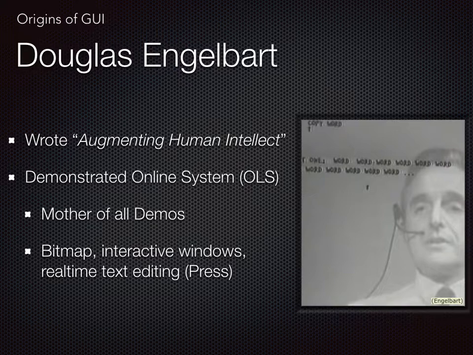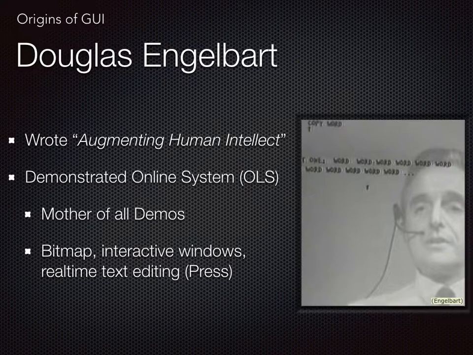That would later lead to his 1968 work, where he demonstrated the online system, or OLS, and there is a picture of him demonstrating that in 1968. This would be referred to as the mother of all demos, because it was a proof of concept that you could use graphical user interfaces and peripherals, because this is also where we got the mouse from.